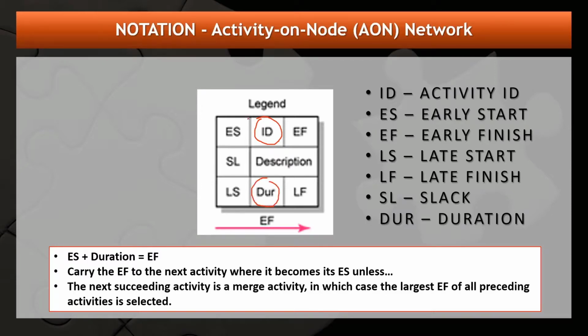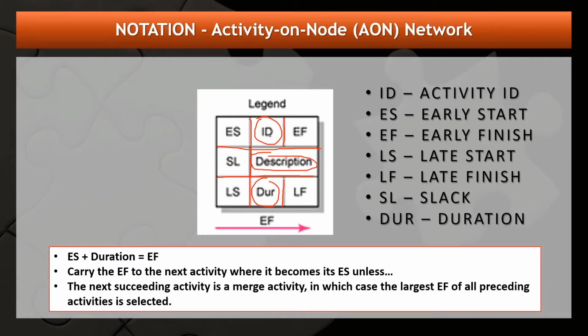We have two horizontal lines, and we have another vertical line here, and another one that stops here, and from here up. And in the middle, we put the description of the activity, okay? That's the name of the activity. Here is the ID, means activity 1, 2, 3, 4, 5, 6.